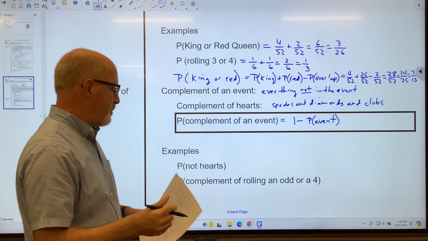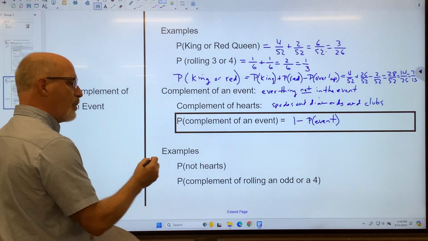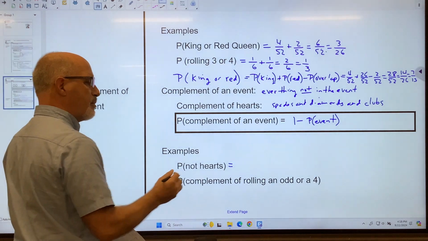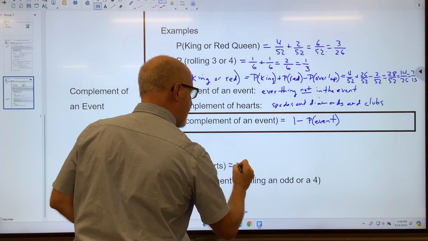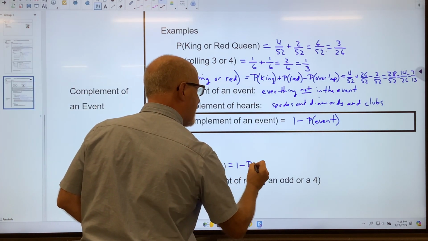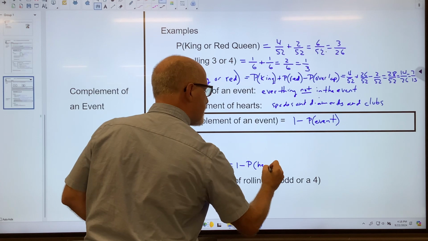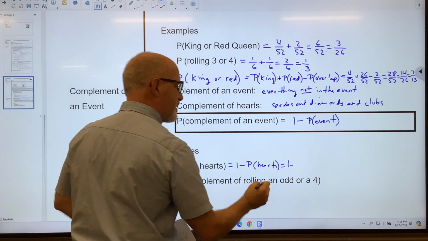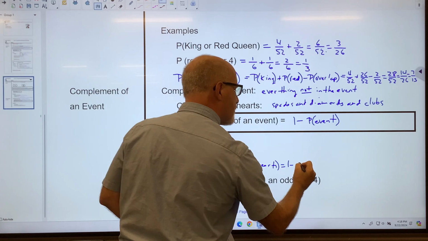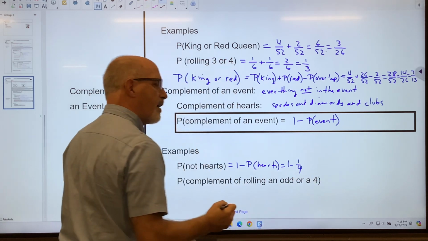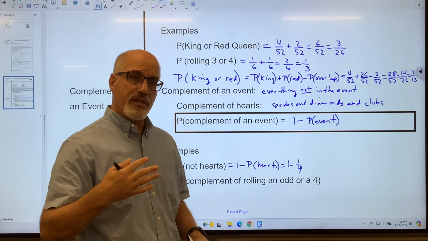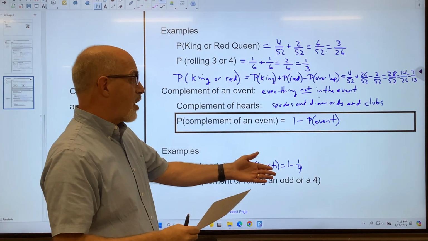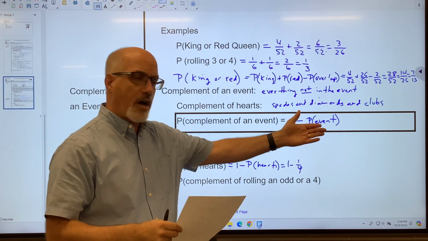All right, so let's look at some examples here. What's the probability of not hearts? Well, not hearts would mean I'd have 1 minus the probability of hearts, which equals 1 minus, probability of hearts is 1 out of 4, because there's 4 of the different types of cards.